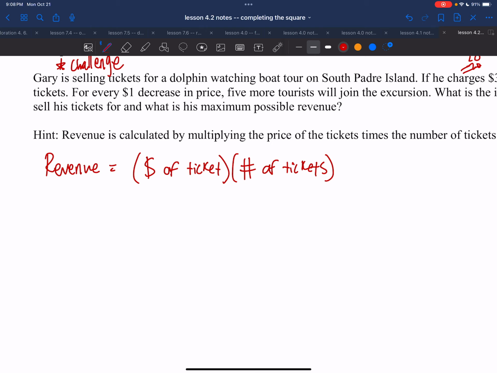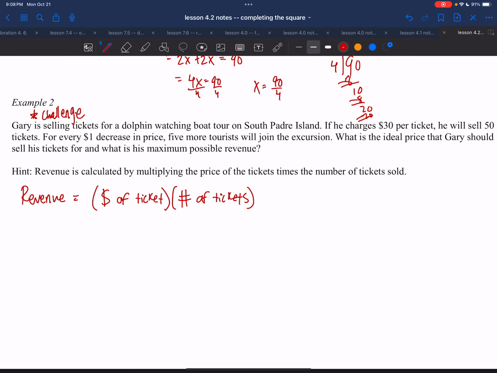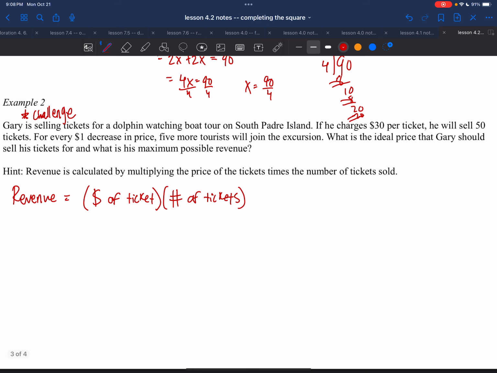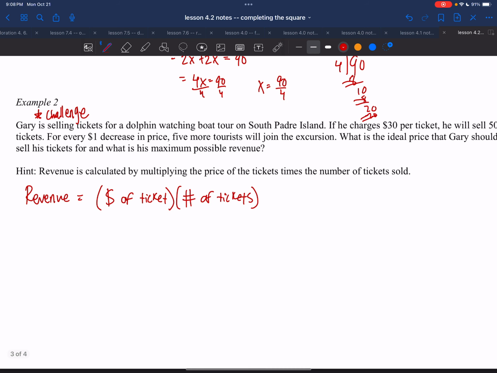So how are we going to do this? Well, it says that he charges $30 per ticket, and if he does that, he'll sell 50 tickets. So the revenue he would make at $30 per ticket with 50 tickets sold would be $1,500, 30 times 50.